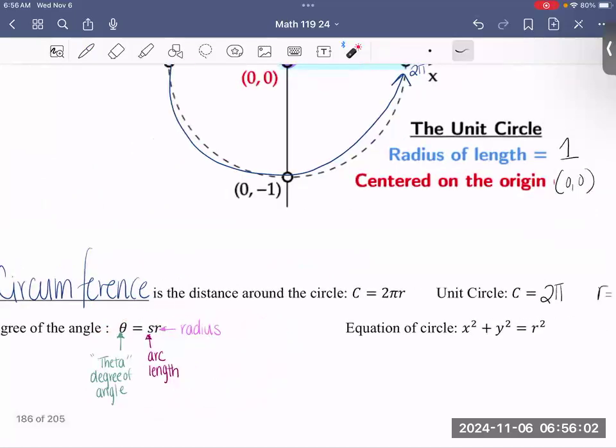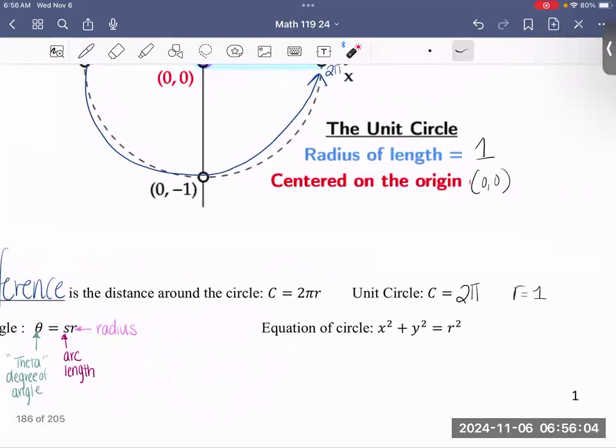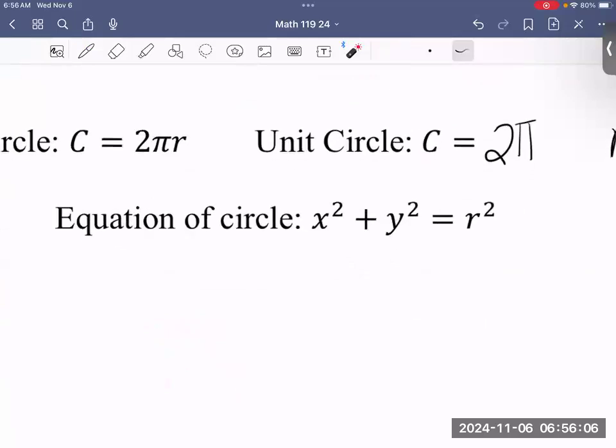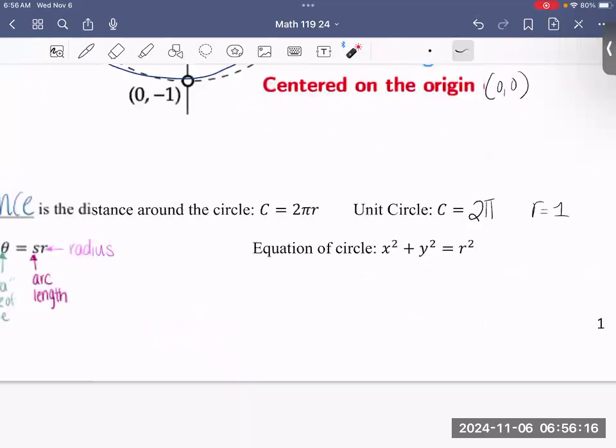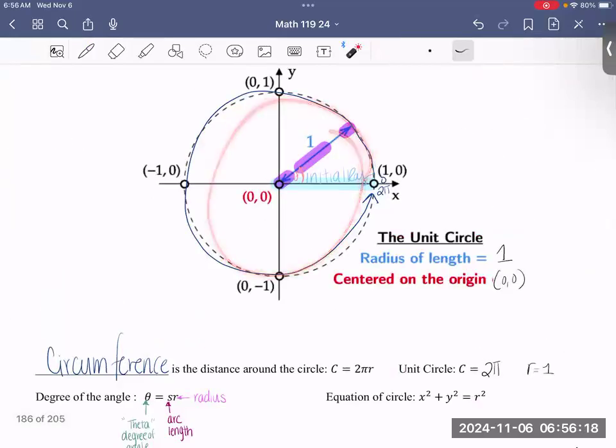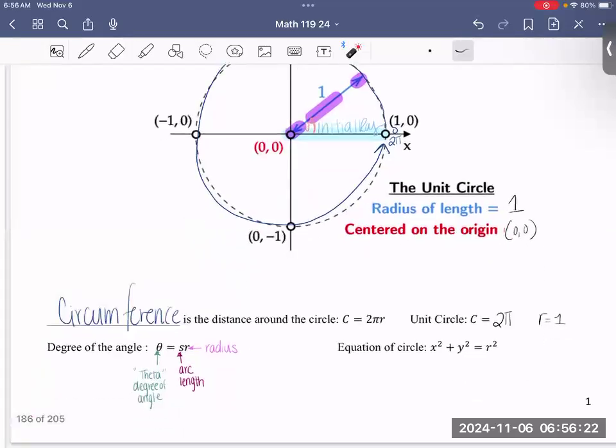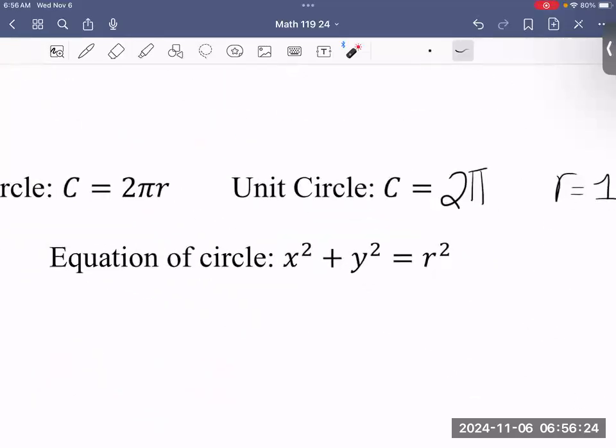Now, we are going to be talking about the equation of a circle. The equation of a circle is x squared plus y squared is equal to r squared, where x and y are just your coordinates, your x and y values seen up here, just a series of points around your circle. Whereas r, what does r stand for? R stands for 1, and that 1 is not going to change on the unit circle.